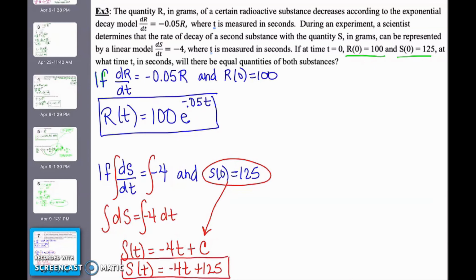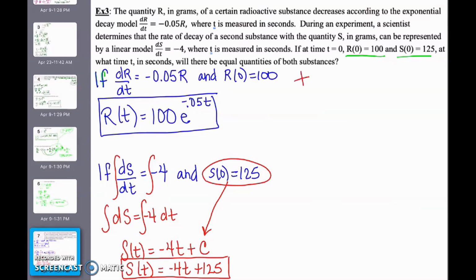All right, so now I have found my model for my exponential decay. That's my R of t. And I've found my S of t. So now if I want to determine when there will be equal quantities of both substances, I could set these two equations equal to each other and solve algebraically, or I could grab my graphing calculator and solve with my graphing calculator.